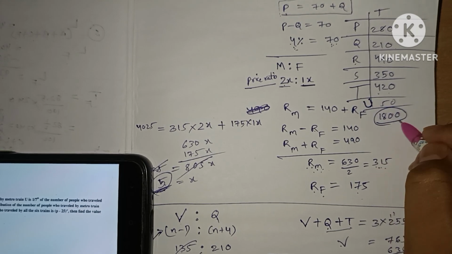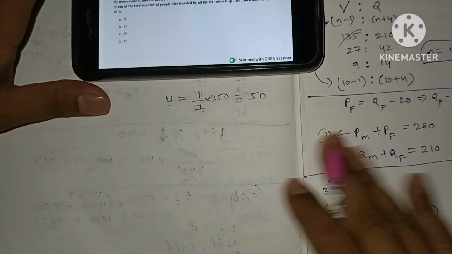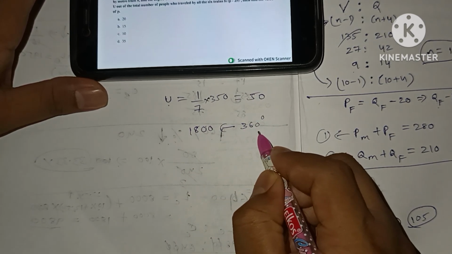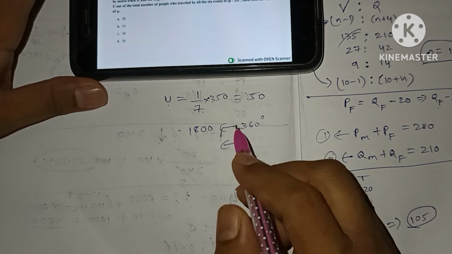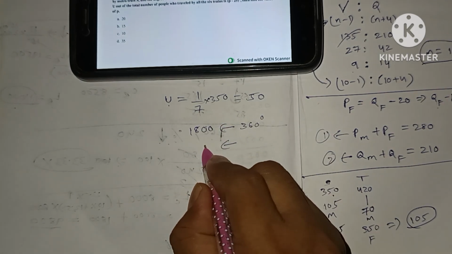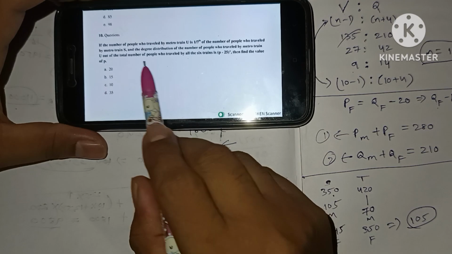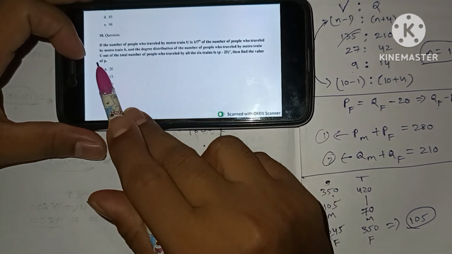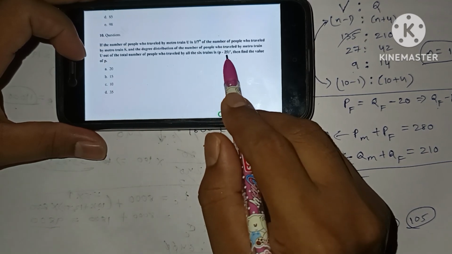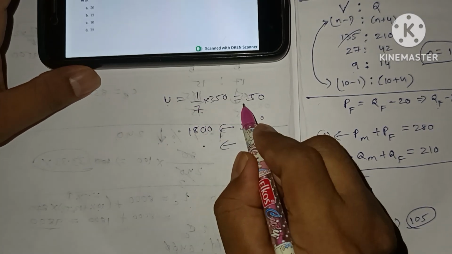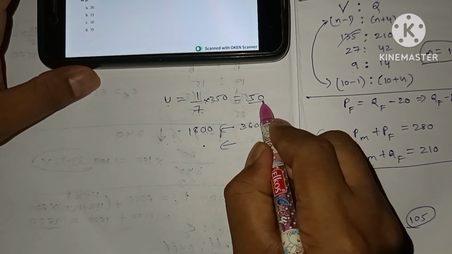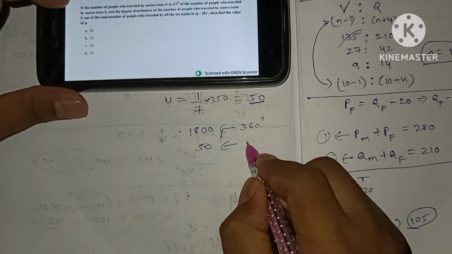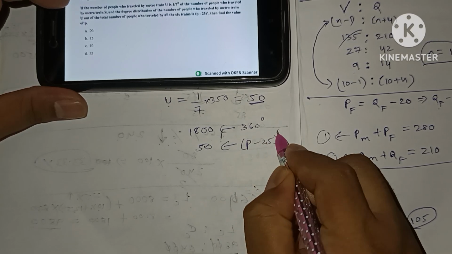Including U we got 1800 members. The total is distributed as 360 degrees. Individually, the degree distribution of U is given as P minus 25. Here U individually has 50, so 50 is P minus 25 degrees.